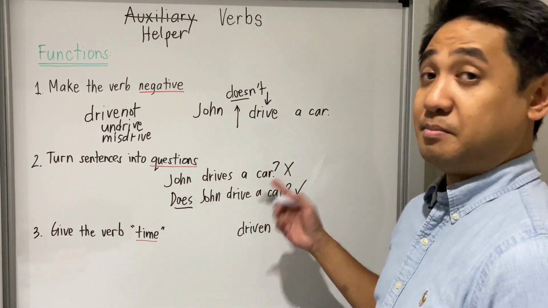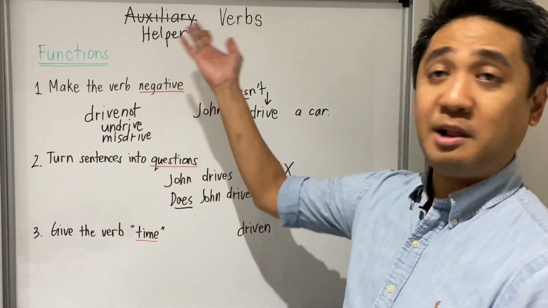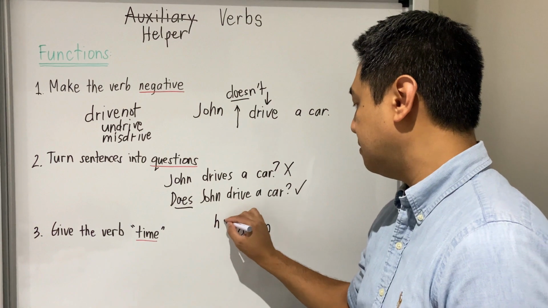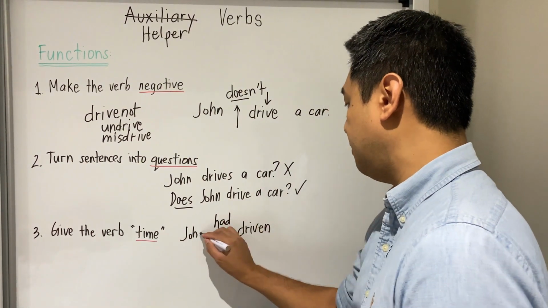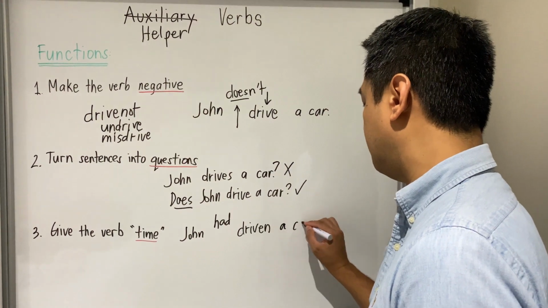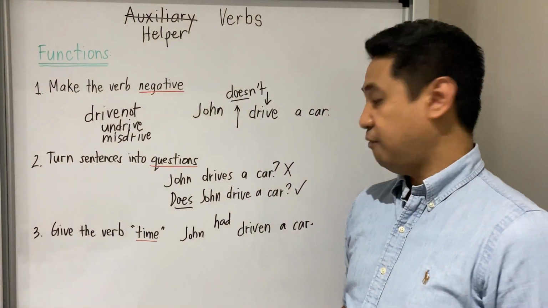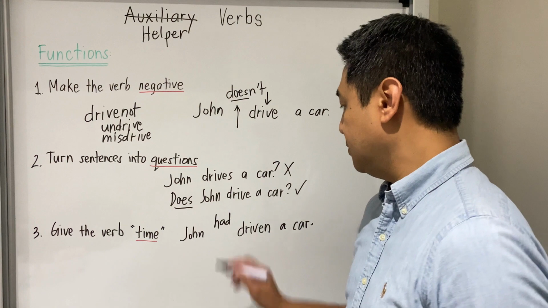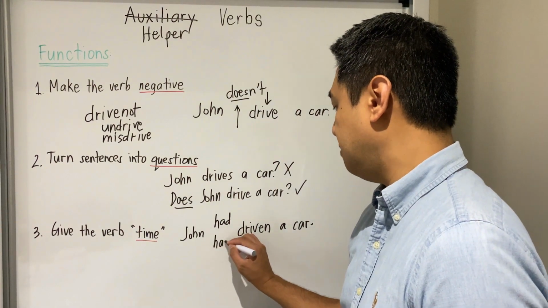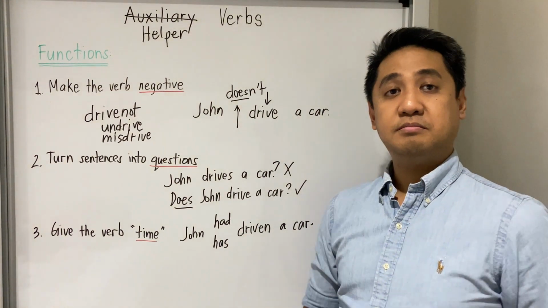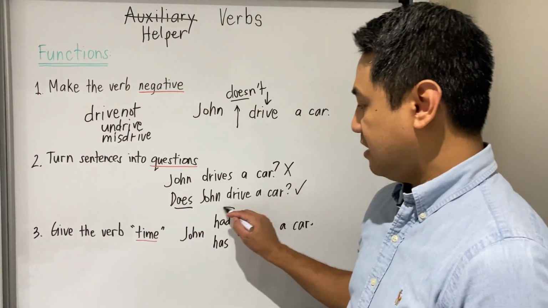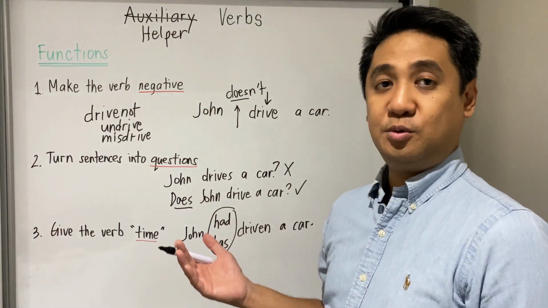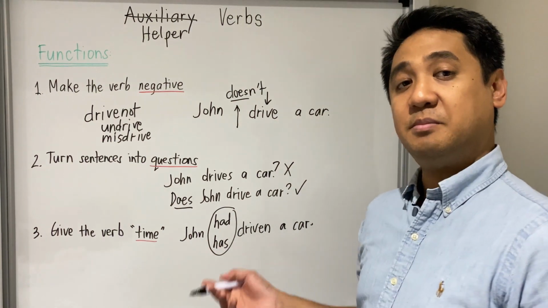If you want to make this past, all you have to do is use a helper verb. Had driven. John had driven a car. If you want to make it present, John has driven a car. So essentially, these tell you the time, not the participle.